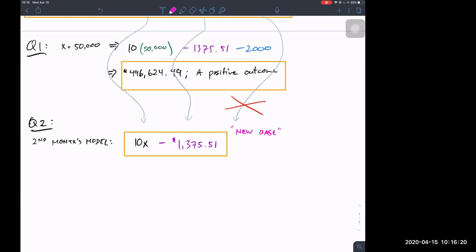So for the third question, in this hypothetical situation, you have a third month's model, and they say you have a goal now of $250,000 in 20 years at 3% via single deposit.